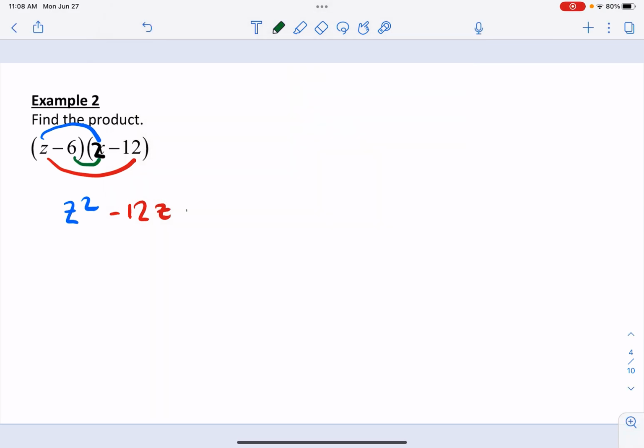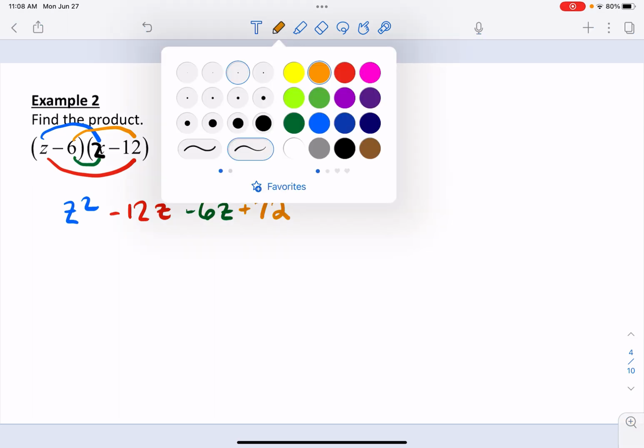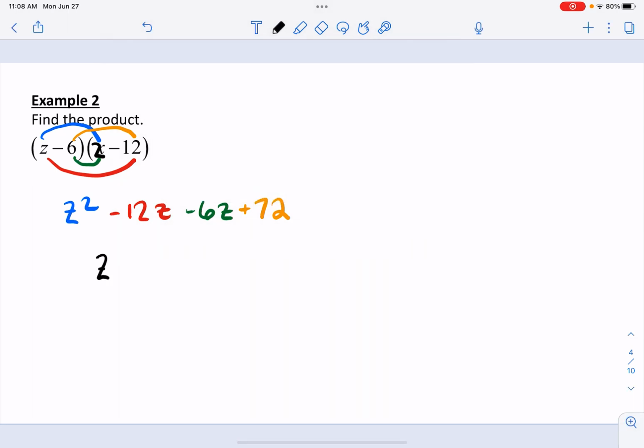Inner terms together. Last terms together. I have a negative times a negative, that turns into a positive 72. I just wanted to confirm what my answer was. So then we combine like terms, and we get a negative 18z plus 72.